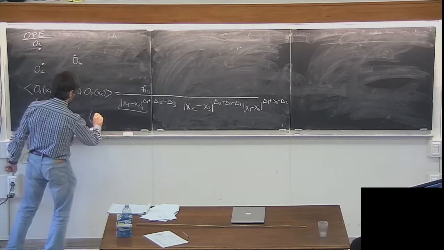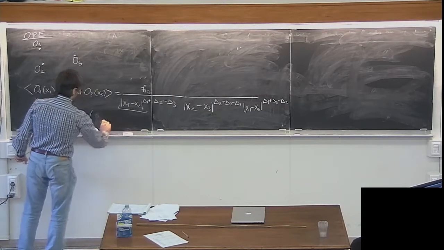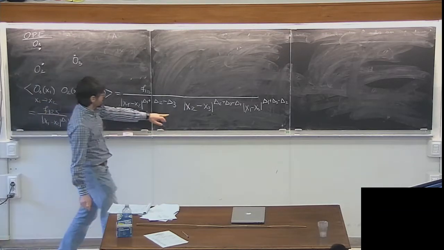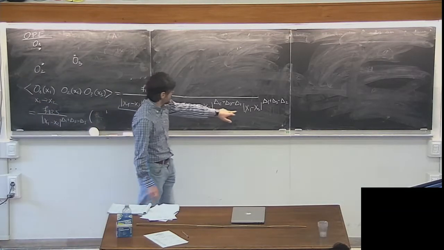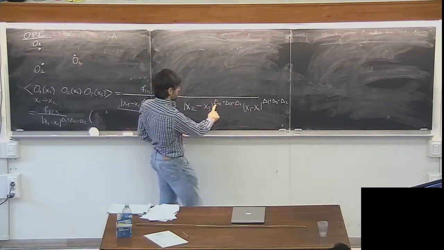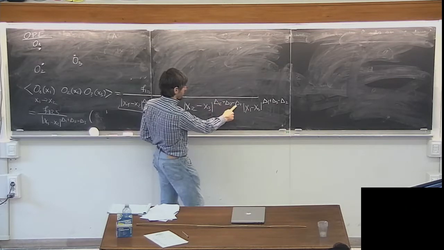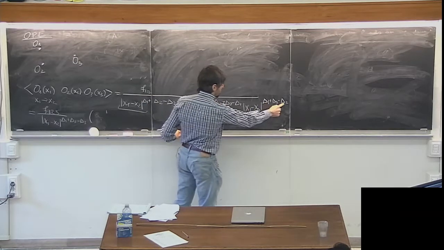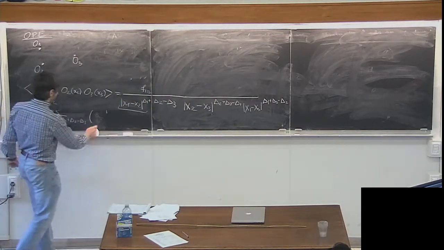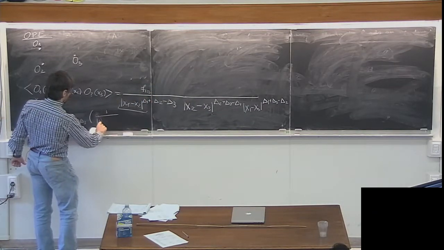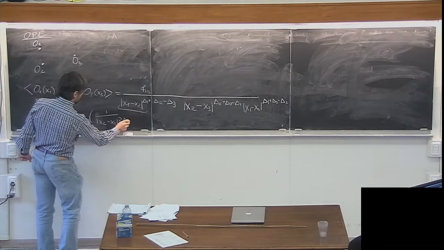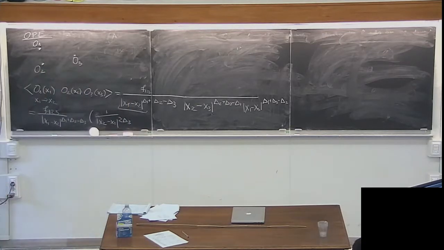So this is the leading term. Now, in the same limit, there is no difference between x1 and x2, so I can group these two factors. The first factor has delta 2 minus delta 1, and this one has delta 1 minus delta 2, so this completely cancels, and I just get 1 over x2 minus x3 to the power 2 delta 3. So this is the leading term.